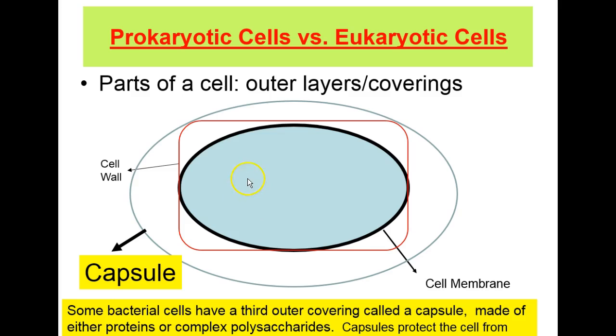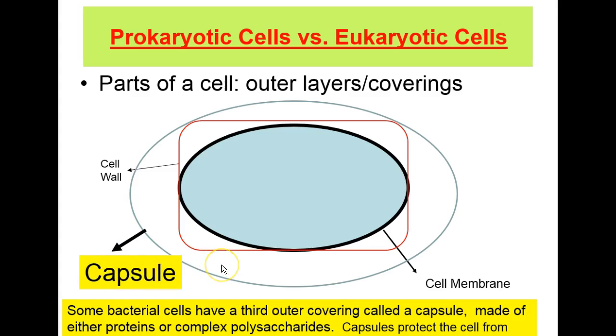Next, we're going to consider another outer layer or covering found in some microbial cells. This is the capsule. Some bacteria have a third layer superficial to the cell wall. This layer is made of either protein or complex polysaccharides. This layer is called a capsule.